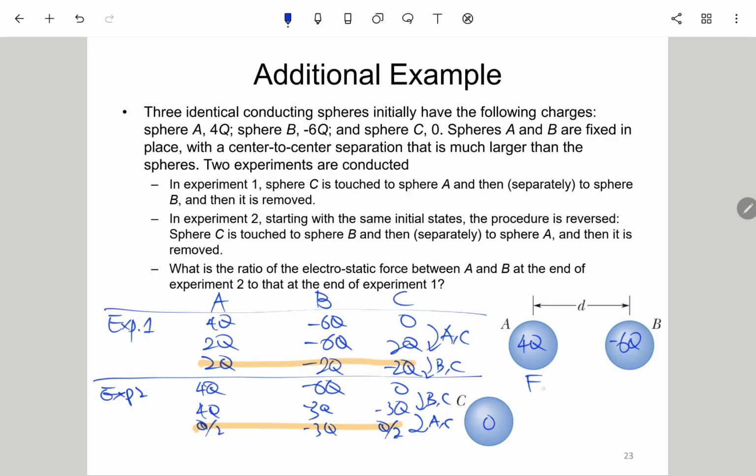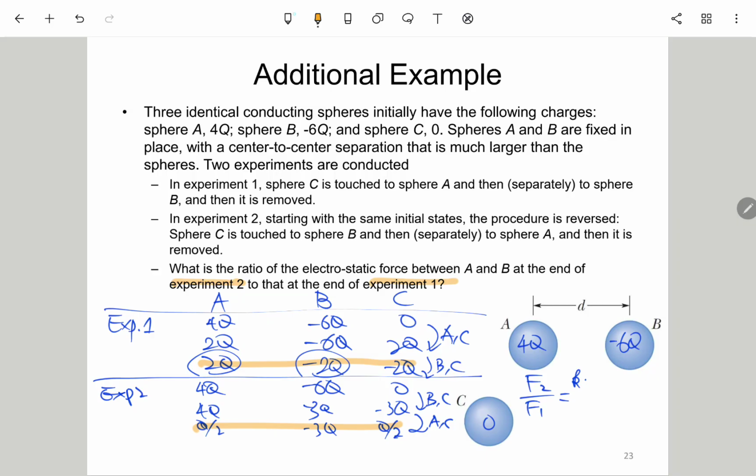It asks for the ratio, so F2 over F1. It will be k times Q1 Q2, where Q1 and Q2 are this one and this one. It asks for the ratio of the force of experiment 2 to experiment 1.